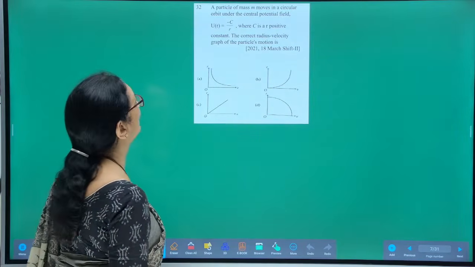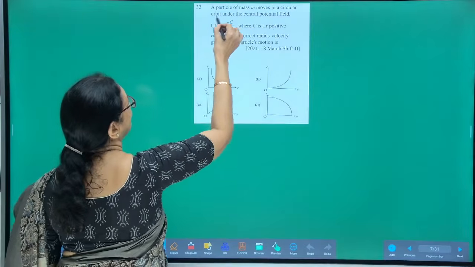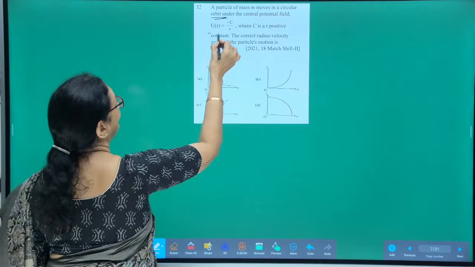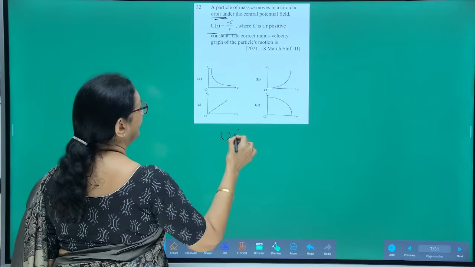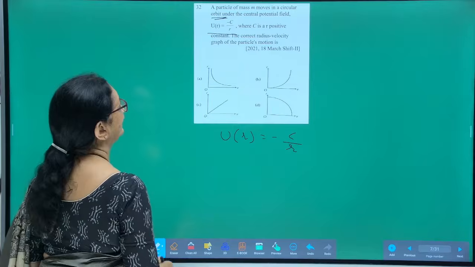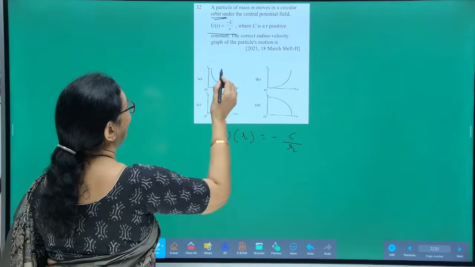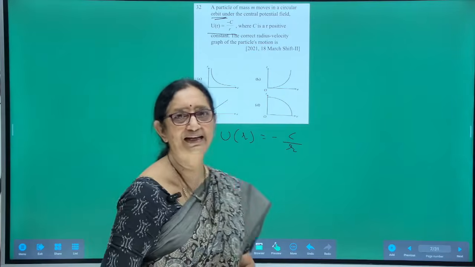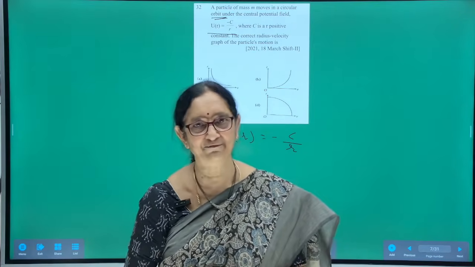Look into this problem. A particle of mass m moves in a circular orbit under a central potential field given by U as a function of r equals minus c by r, where c is a constant. Which is the correct radius-velocity graph? So, you have to find out the relation between radius and velocity.